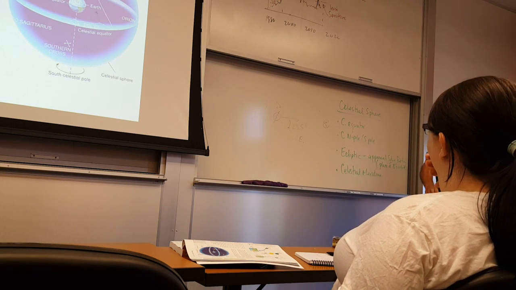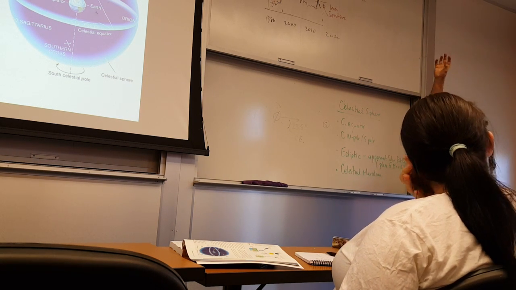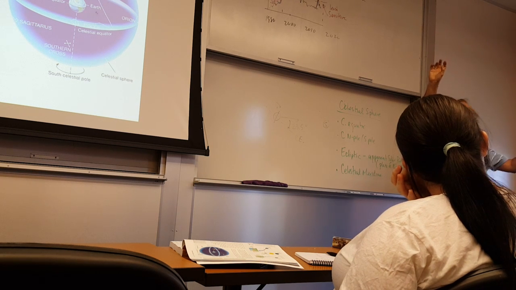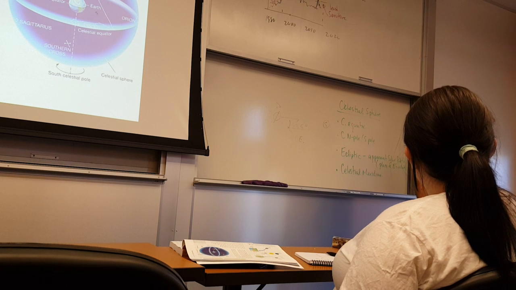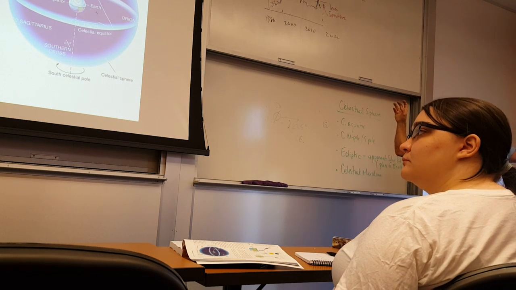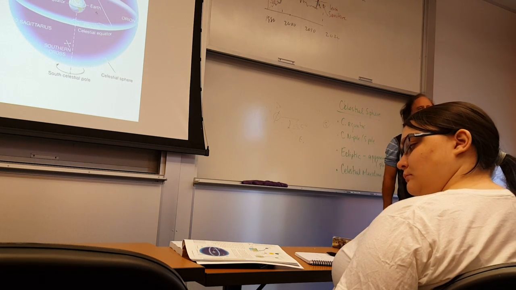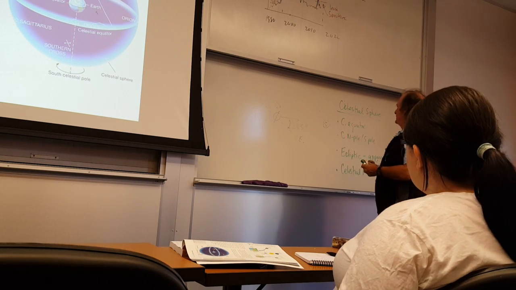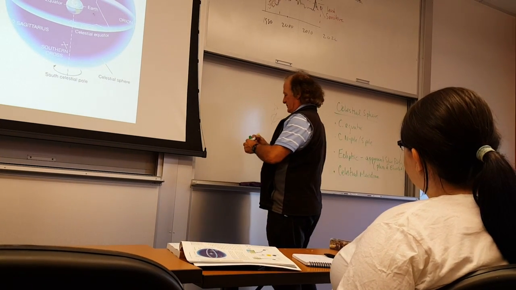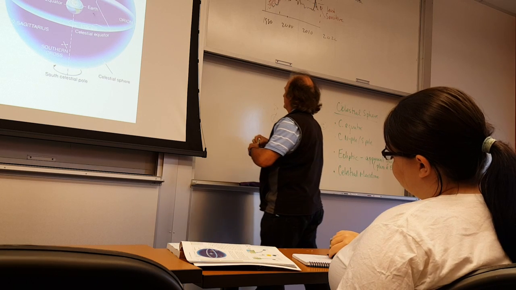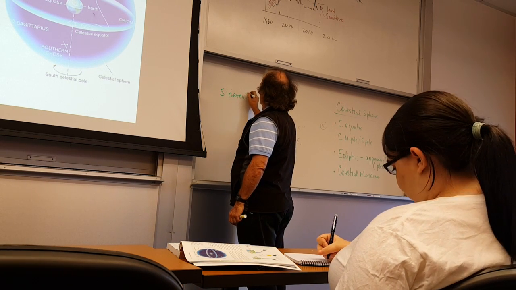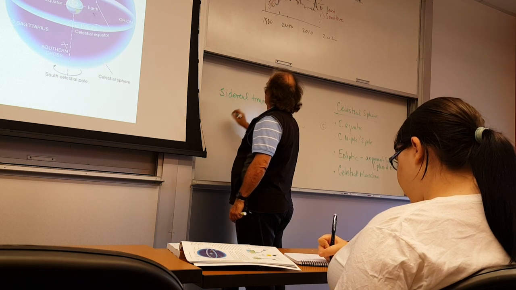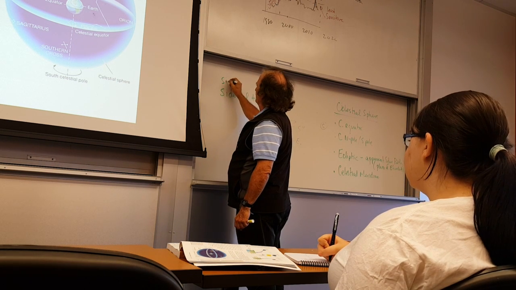When a star passes the celestial meridian, it has a certain right ascension in hours. We call it transiting the celestial meridian, and that is the celestial time or sidereal time. So there's solar time and sidereal time.